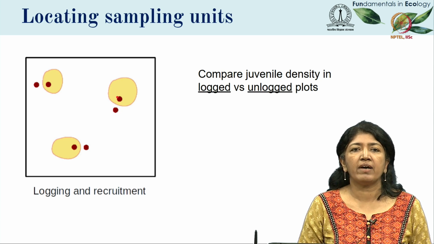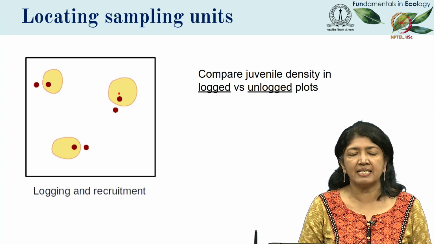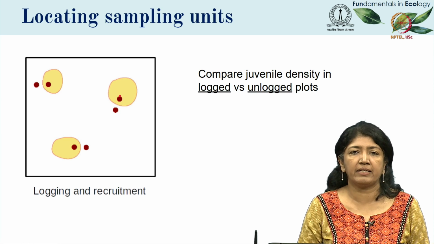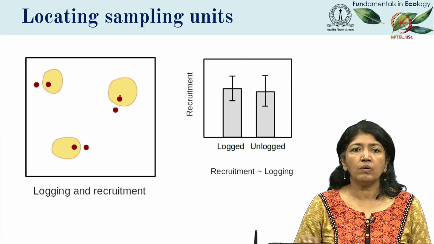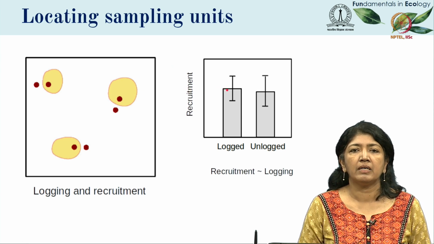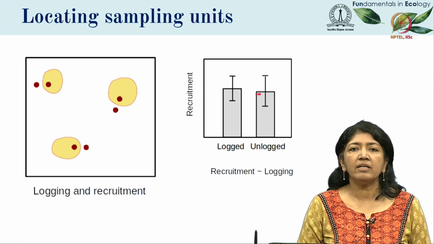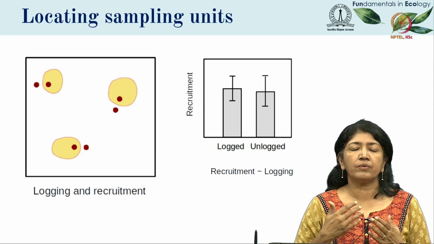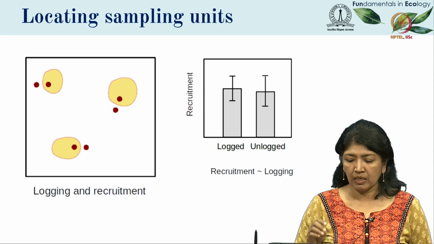And by locating them fairly close to each other, we make sure that any other confounding features are shared, and therefore, we use this block design to account for confounding factors. Now, suppose we find at the end of the study that recruitment, so juvenile density, is very similar between logged and unlogged patches. One inference is that logging does not seem to have a large effect on recruitment.